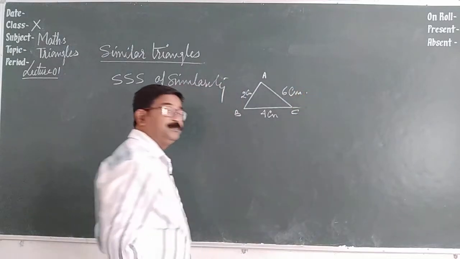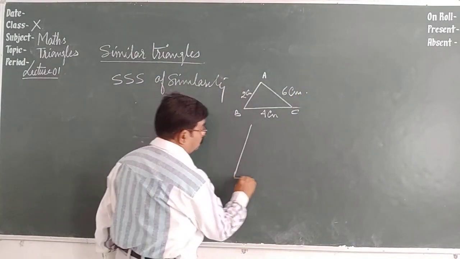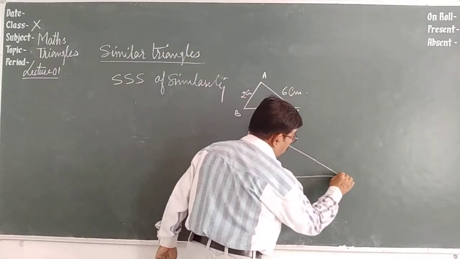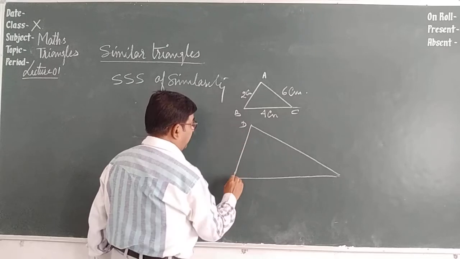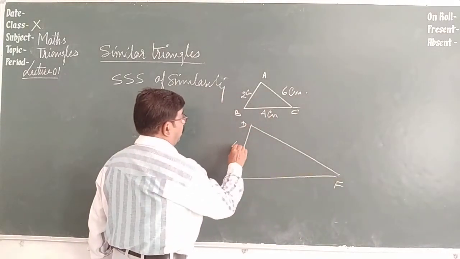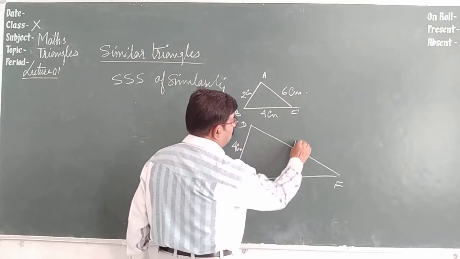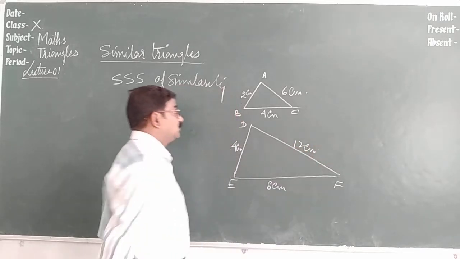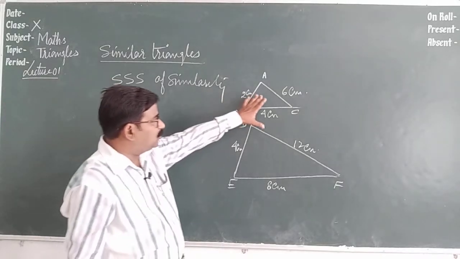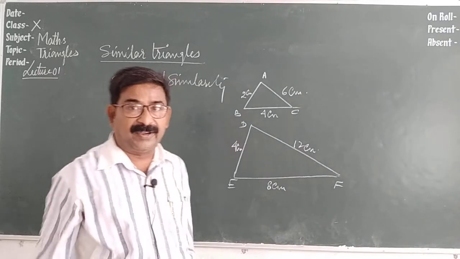For example, another triangle DEF has sides 4 centimeters, 8 centimeters and 12 centimeters. By observation we see that the two triangles are of the same shape but the sizes are different.